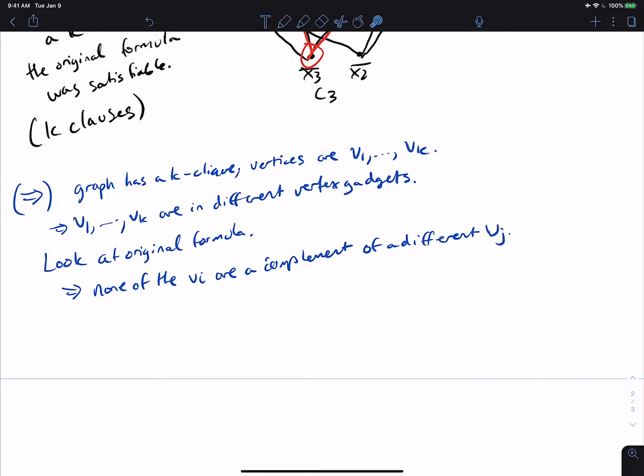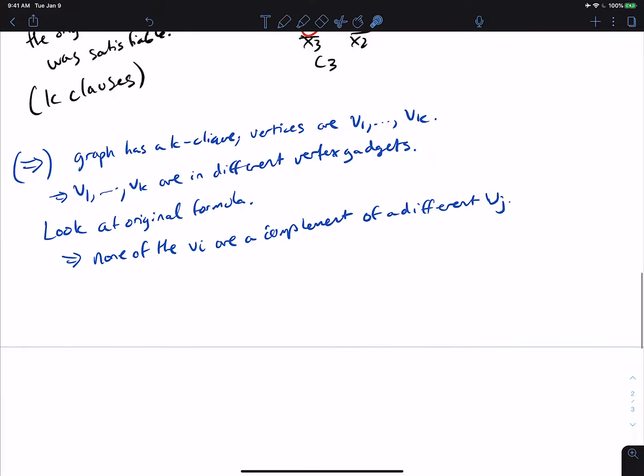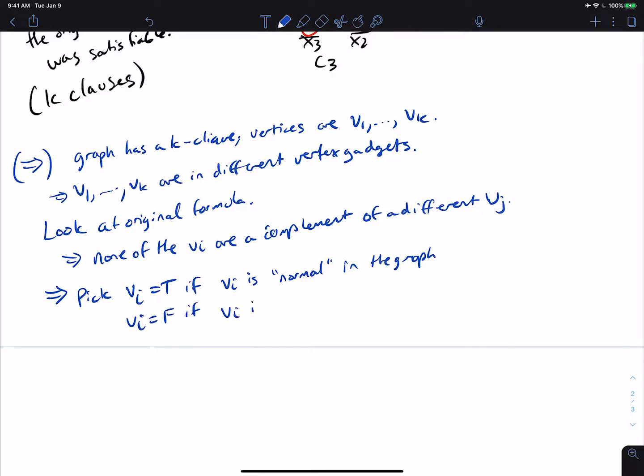If one of them were a complement of another, then in one clause it's true, and in the other clause it must be false, because they are complements of each other. So what we need to do is pick vi to be true if vi is normal in the graph, and vi to be false if vi is complemented in the graph.